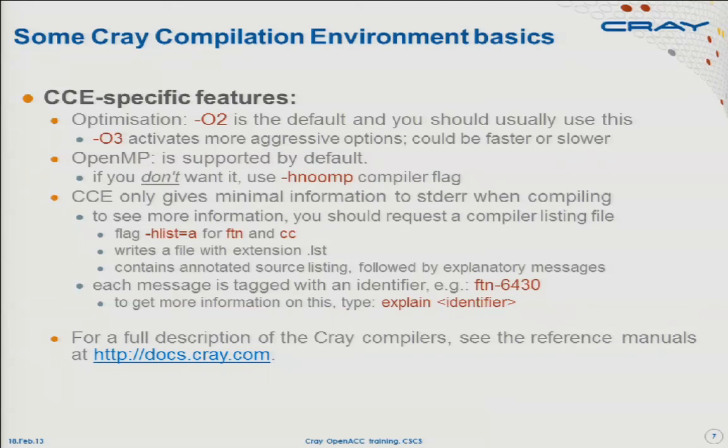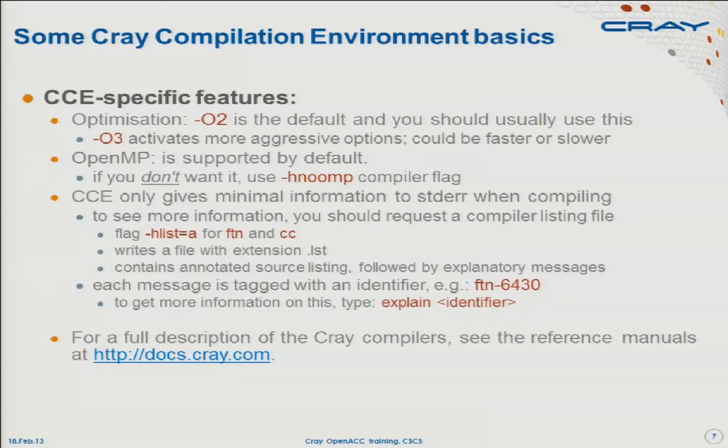You add a flag to your compilation, and this writes a new file. Instead of test.c or test.cc, it'll be test.lst. This is a text file that gives you an annotated source listing with lots of explanatory messages. It's a very good idea to look at this. It doesn't affect the performance of your compilation, so it costs nothing. I would always generate this. It's really useful, especially for OpenACC.